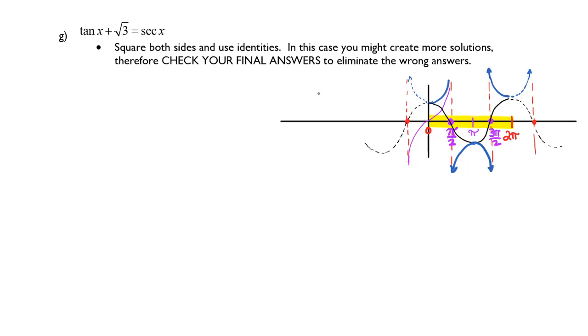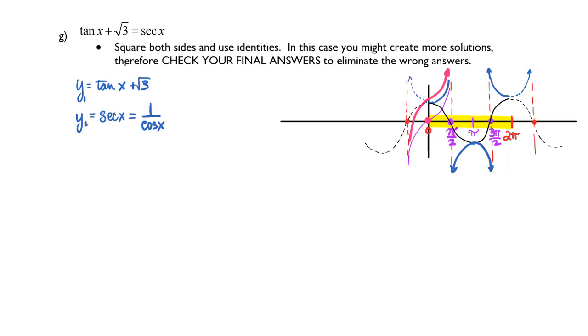But recall that tangent of x has been shifted up root 3. So it's no longer going to cross at 0, 0. It's going to be that same shape, but it's going to be crossing up here somewhere. And so if you wanted to, you could graph y sub 1 equals tangent of x plus root 3, and y sub 2 equals secant of x, which is equivalent to 1 over cosine of x, in your calculator.